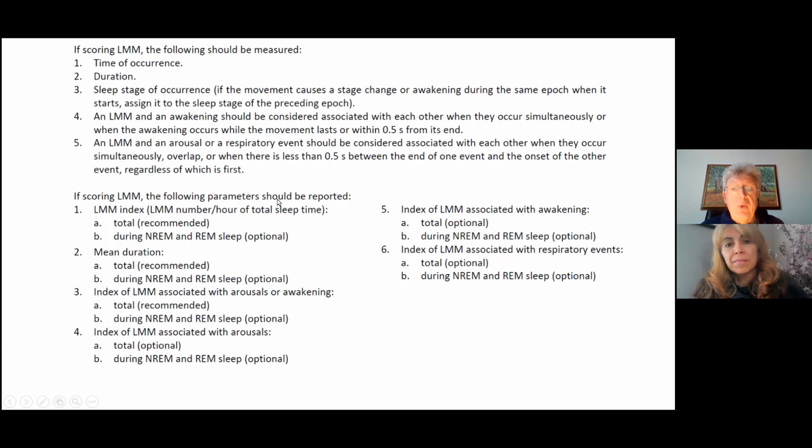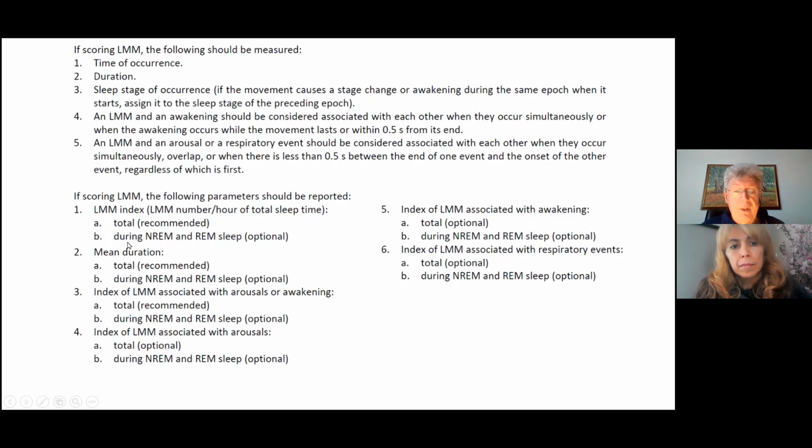So what do we report? We report the LMM index, that is the number per hour of total sleep time, total, and better to report also during non-REM and REM sleep.